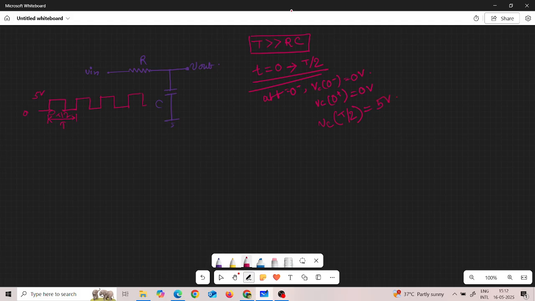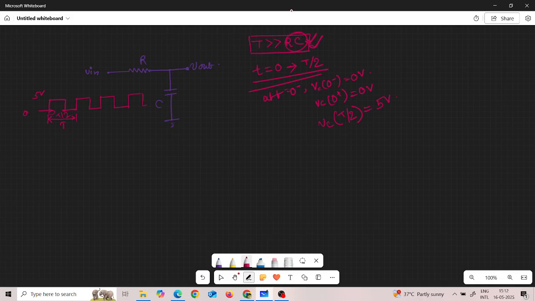This condition justifies that the capacitor has sufficient time to charge to 5 volt, because its time constant is very small with respect to the time period of this input pulse.